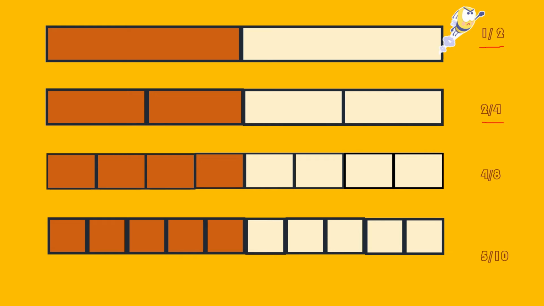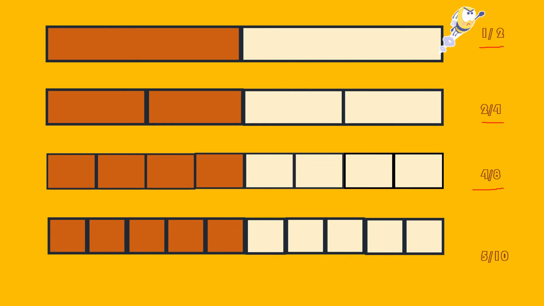So 4 out of 8 blocks are colored, and I'll write this fraction as 4 by 8. The fourth stripe has a total of 10 blocks, and out of these 10 I have shaded 5 in brown color. So 5 out of 10 blocks are shaded, or I'll write this fraction as 5 by 10.